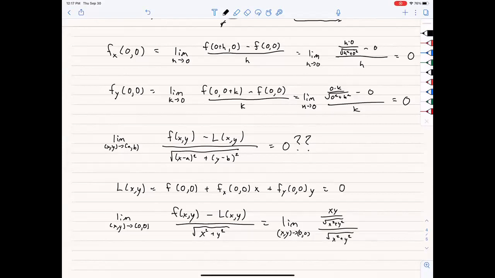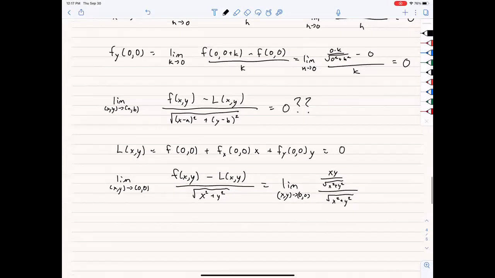And now, all of those that said it wasn't continuous are going to remind me about this limit. I get xy over x squared plus y squared. Does that have a limit? Does it exist? I think we've done it twice in class to show that this does not have a limit.